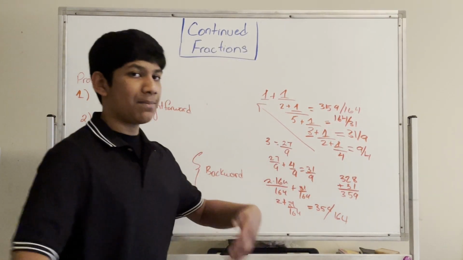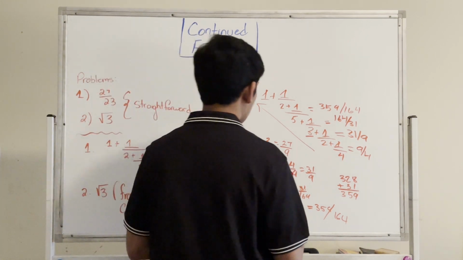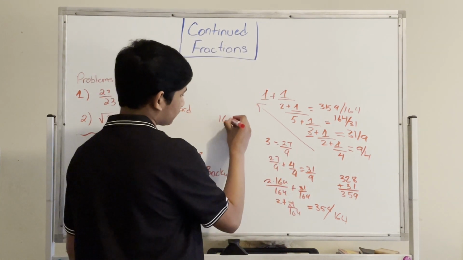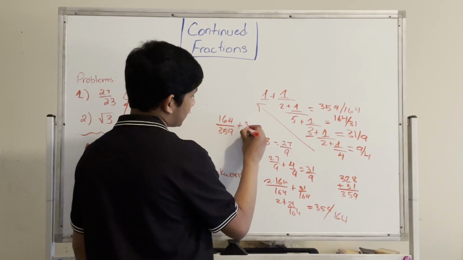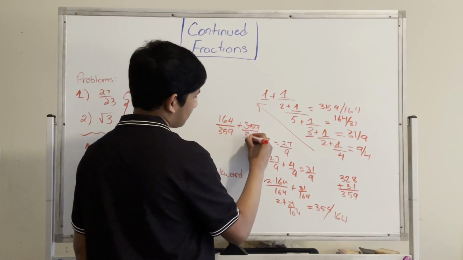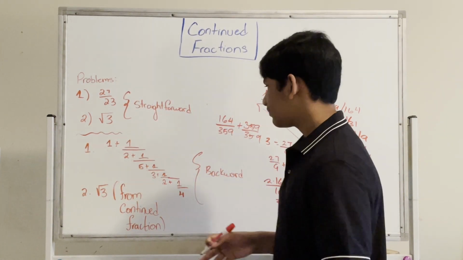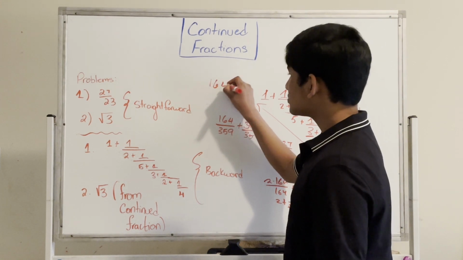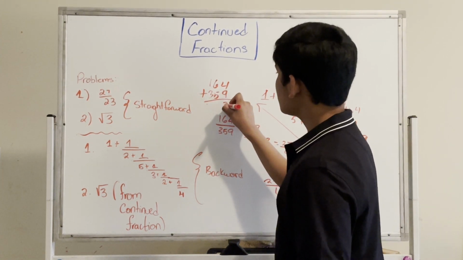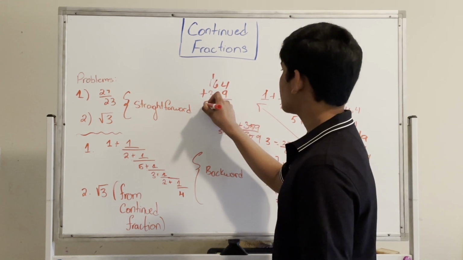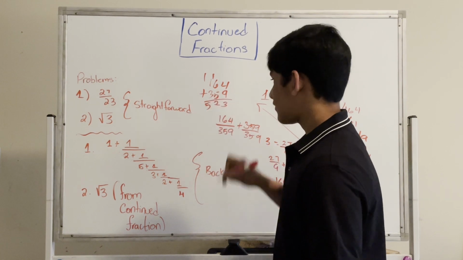Now we have to take the reciprocal again. So we get 164 over 359. But we have to add that to 359 over 359, because 359 over 359 simplifies to 1. So 164 plus 359 is equal to 523.